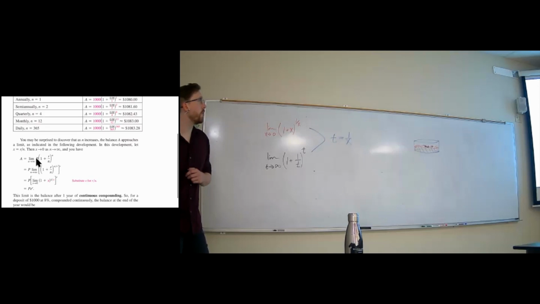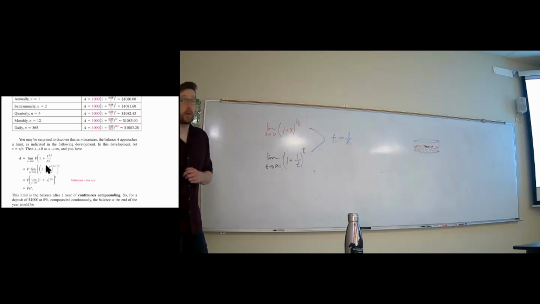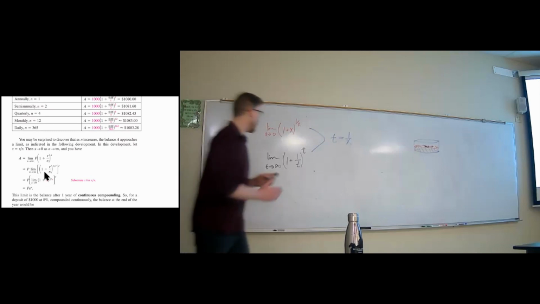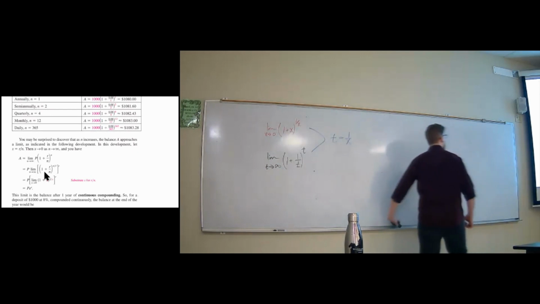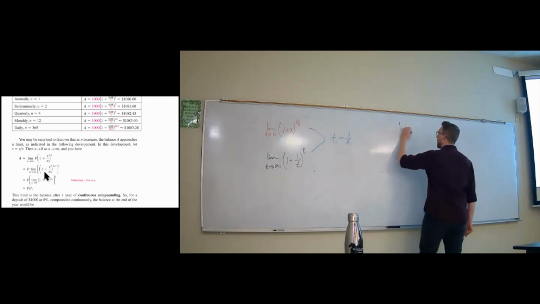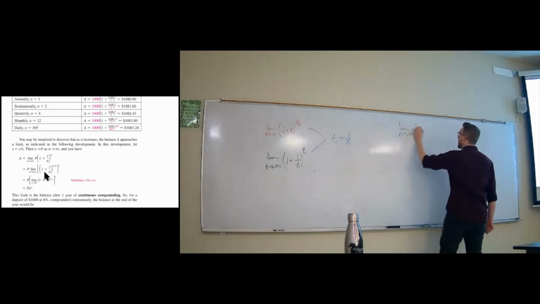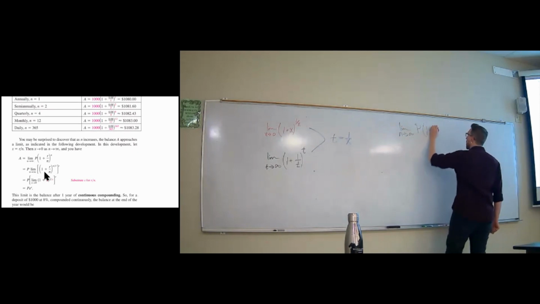And when we do, we can make another move in between these two steps. What's happening is we're saying the limit as n goes to infinity of P times 1 plus r over n raised to the n.